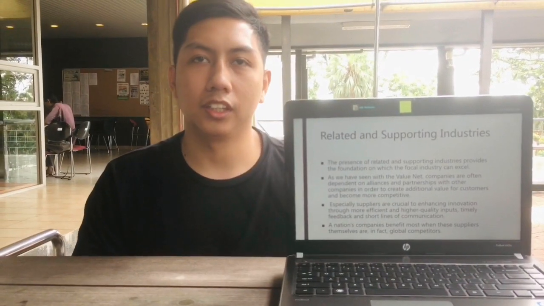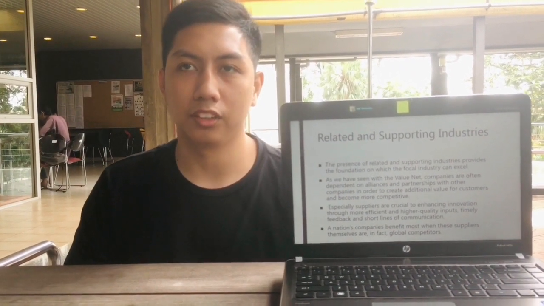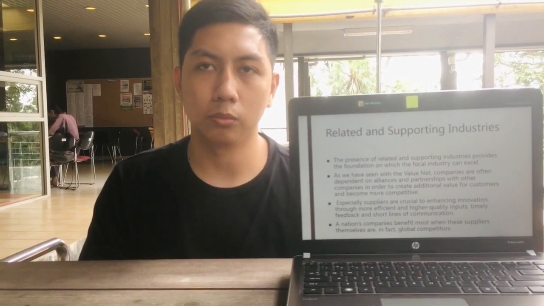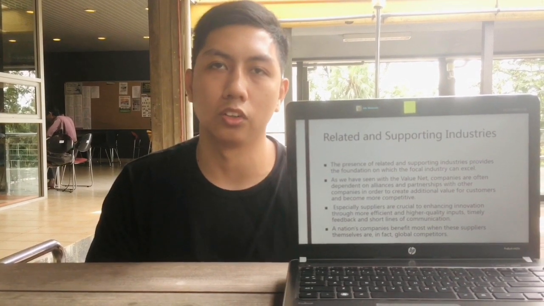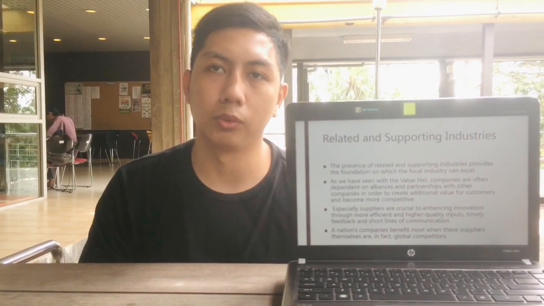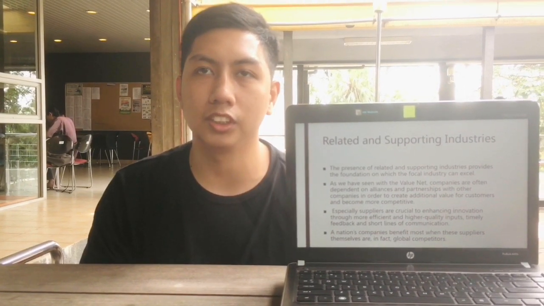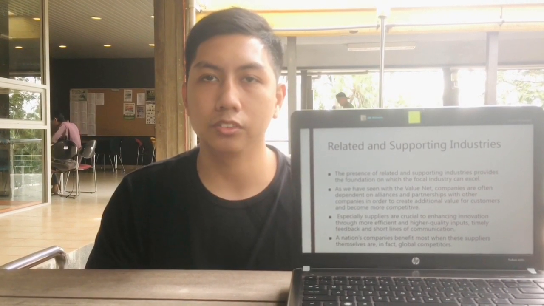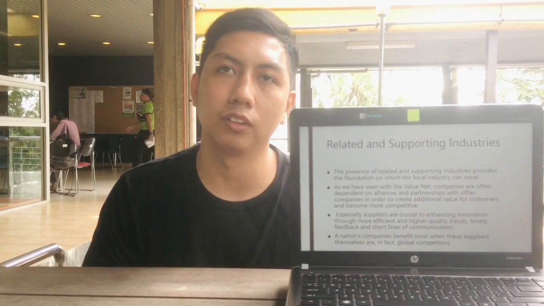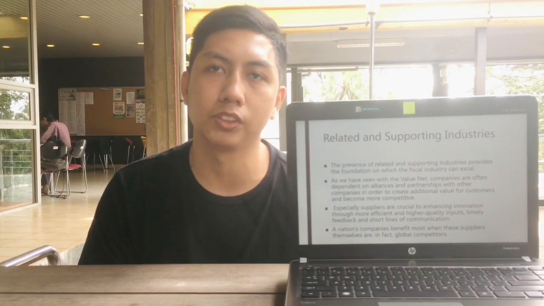I will be presenting the related and supporting industries. Primary industries like giant industries such as automobile, agriculture, and technological industries need supporting industries to function effectively and efficiently, both in human labor and financial standpoint. If we take Apple as an example, they are primarily a tech company which produces mobile devices like smartphones, tablets, and personal computers.